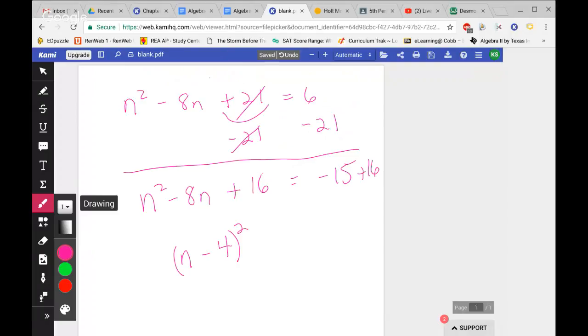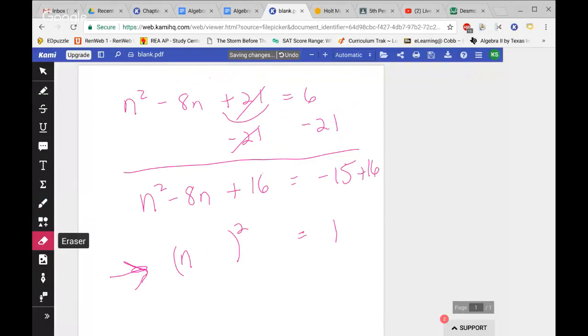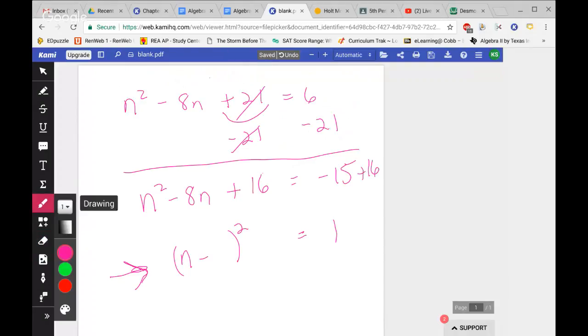So you'll notice right here, I went ahead and wrote this in a factored form. And it includes right here what I said was my half of this part.